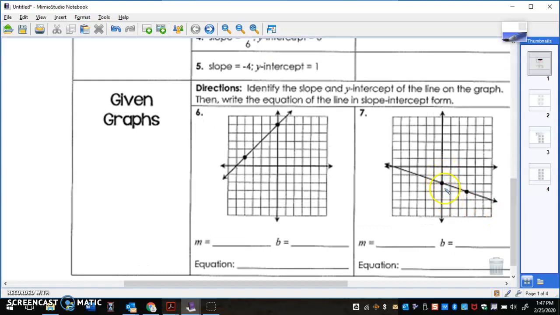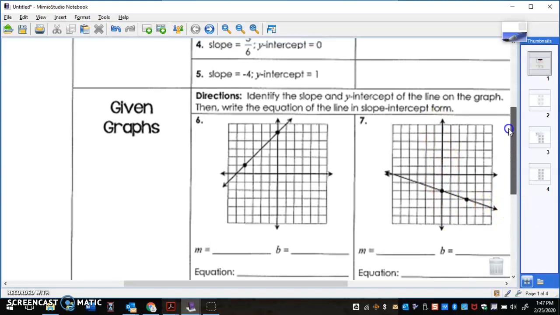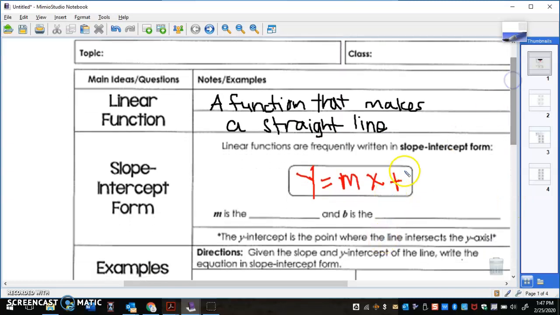So this point right here crosses the y-axis. And you would think a good variable for that would be like y or a for axis, but it's actually b. So the b stands for the y-intercept. I don't know why they use letter b, but the b is where it crosses the y-axis, and we call that the y-intercept, like it intercepts the axis.